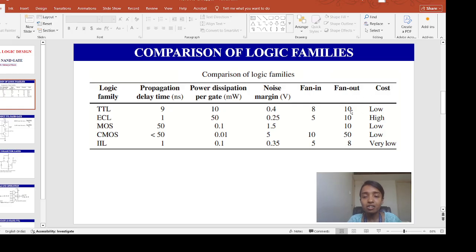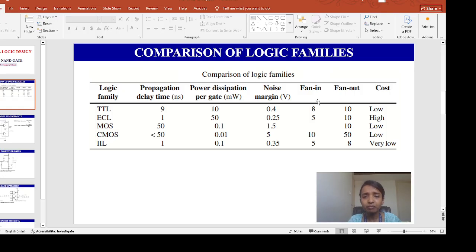We are already familiarized with all these terms. Now, based on these parameters, we need to understand which logic family is performing better than the other.